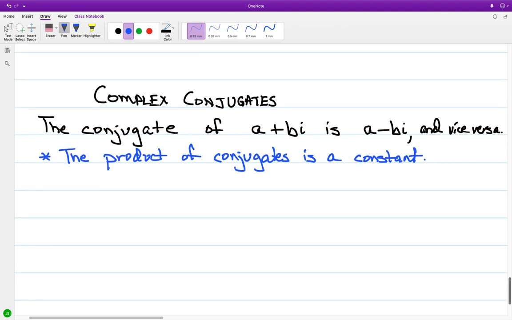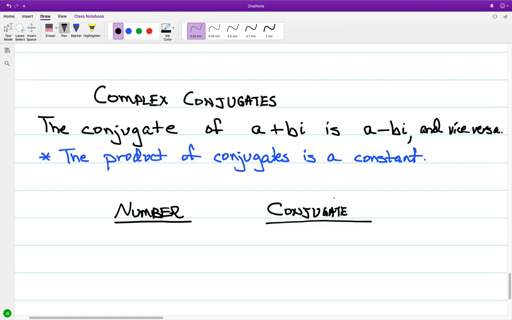And let's say that if we're looking at identifying conjugates of given numbers, so in taking what we have here, I'm saying the lead off, say if we have the complex number 4 plus 3i.